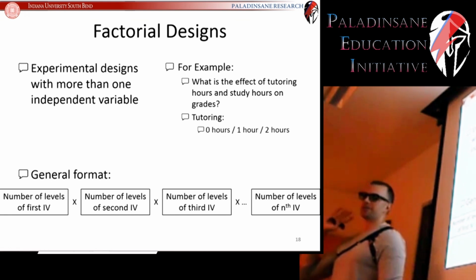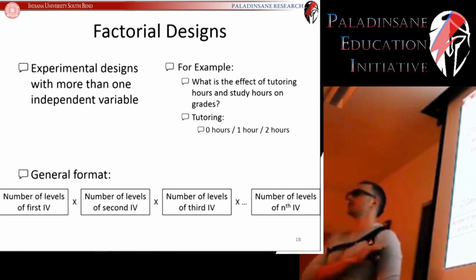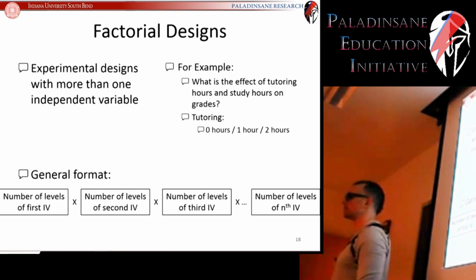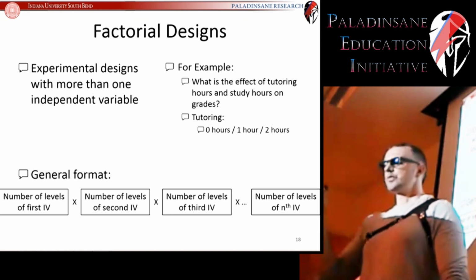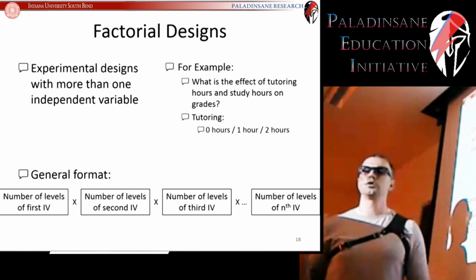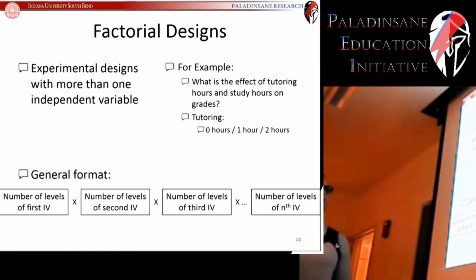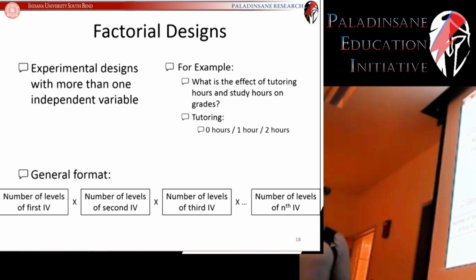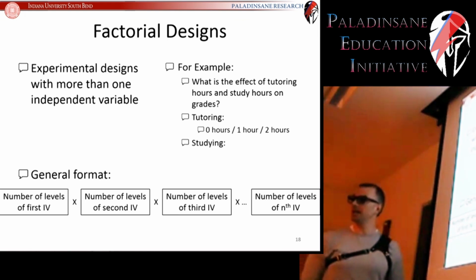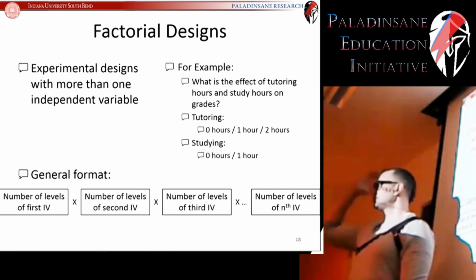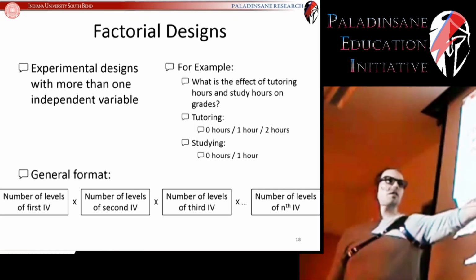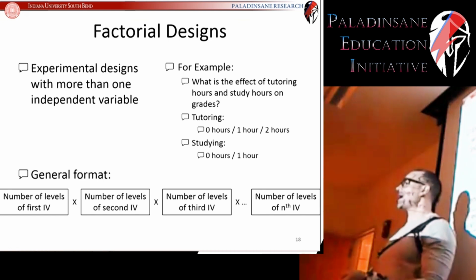One third of your subjects received 0 tutoring hours, one third received 1 hour of tutoring, and one third received 2 hours of tutoring. That's one variable with 3 levels. You have a second variable, which is the amount of studying that they do. One half of your subjects do 0 hours of studying, and the other half do 1 hour of studying.